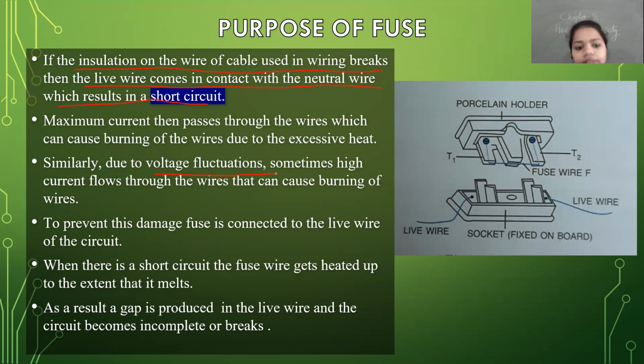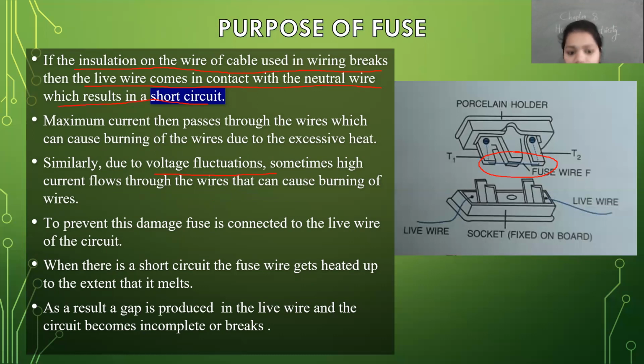To prevent this damage, the fuse is connected to the live wire. When there is a short circuit, the fuse wire will get heated up and melt. When it melts, a gap is produced, and so the current cannot pass.